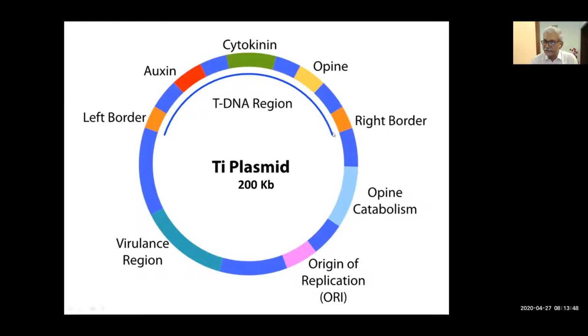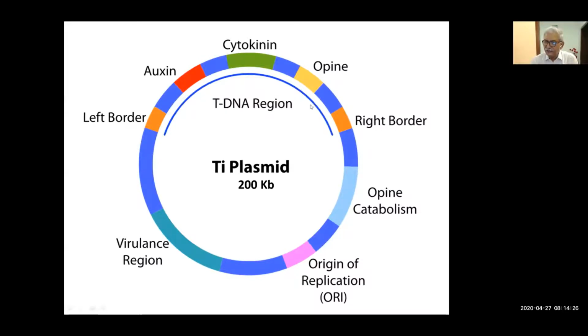So this is a single-stranded DNA fragment between the left border and the right border, which is produced by this region, which is coding for auxins, cytokinins, and opines. So this single-stranded DNA, coded by all these three different types of genes for specific hormones and substrates, is transferred from the bacterial cell into the plant cell.